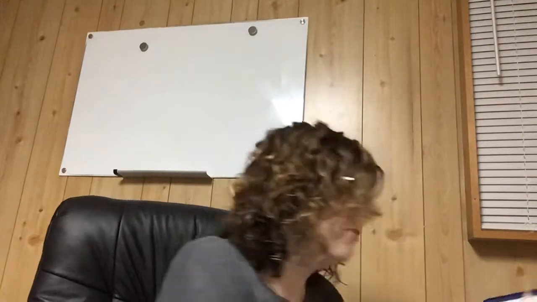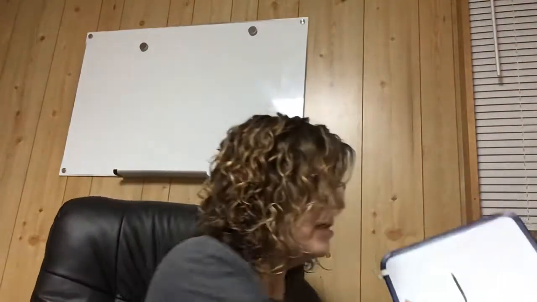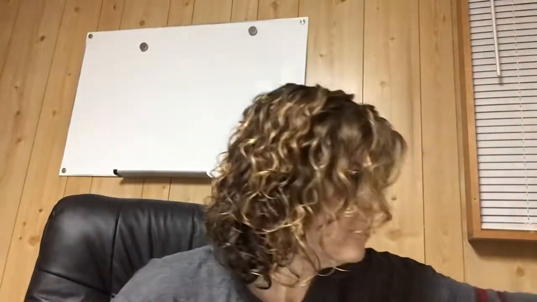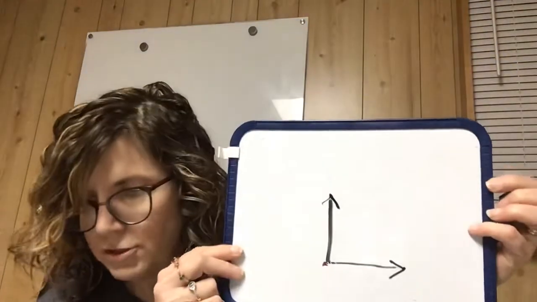I was going to erase part of this rectangle so I would have a right angle, but I dropped my board. All right, so it would look like this, except of course it would have the arrows. My markers are getting away from me. So it would look something like that. That's the one you need to pick, the one in the middle. That's your right angle.